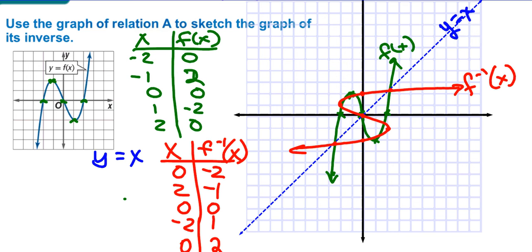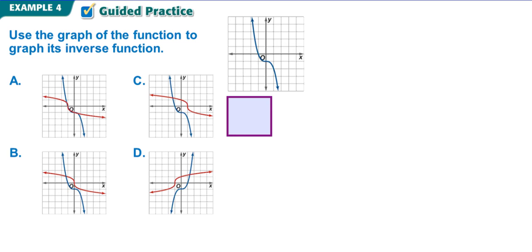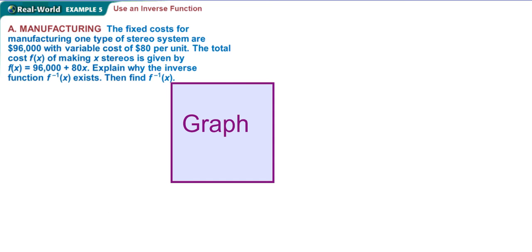Do you agree that sometimes, if you've been told what y is, finding the x that matches it is a little more difficult? So if we can find an inverse or write something as an inverse, then that'll just make it a little easier for us. And this is a linear equation.